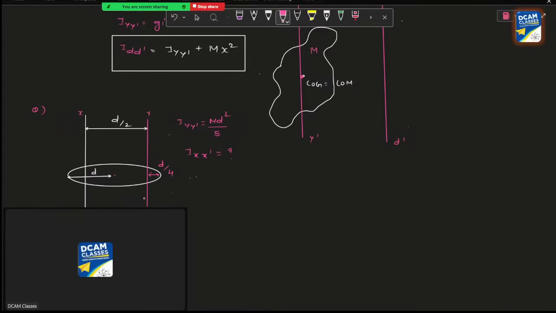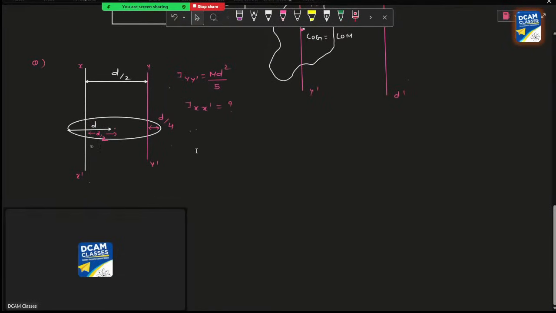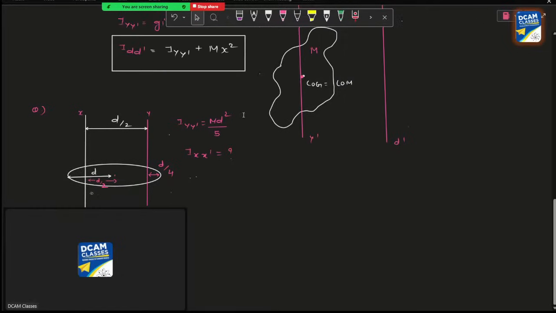One more thing I forgot to tell. This x-axis is at a distance of d by 2 from the center. This axis xx dash is at a distance of d by 2 from the center. How can it be? Sorry, not d by 2.